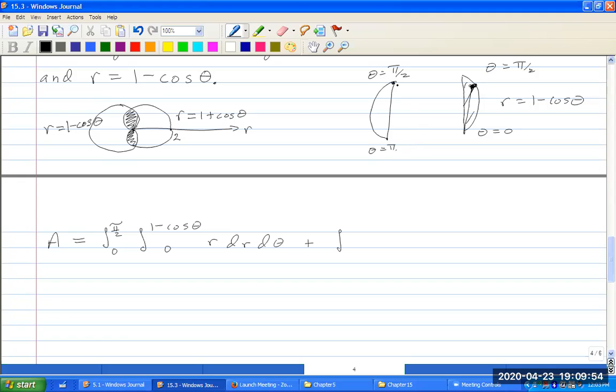And this curve here is 1 plus cosine, right? 1 plus cosine. And this is where my r is going. So r goes between 0 and 1 plus cosine theta. And theta goes between pi over 2 and pi.